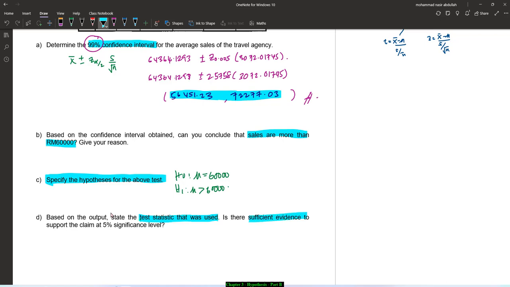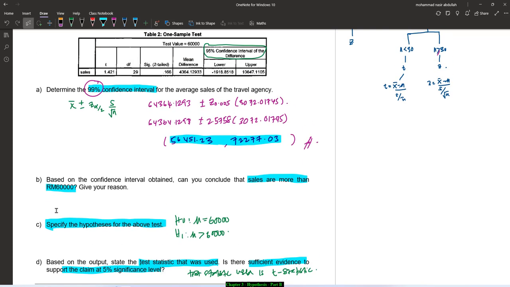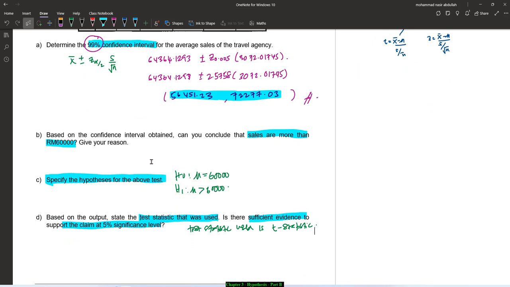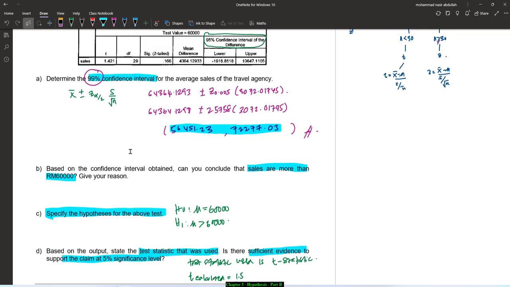Is there sufficient evidence to support the claim at the 5% level of significance? So the test statistic used is the T statistic. So T calculated is equal to 1.5, berapa tadi?